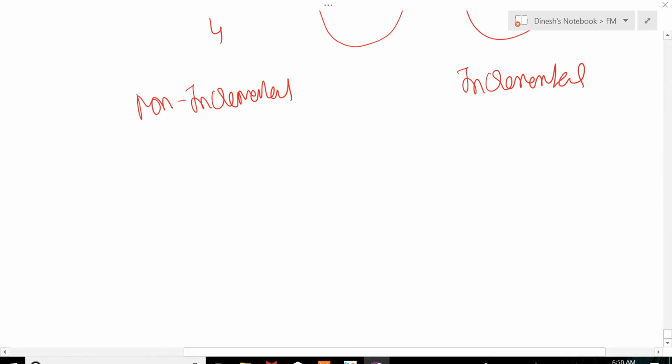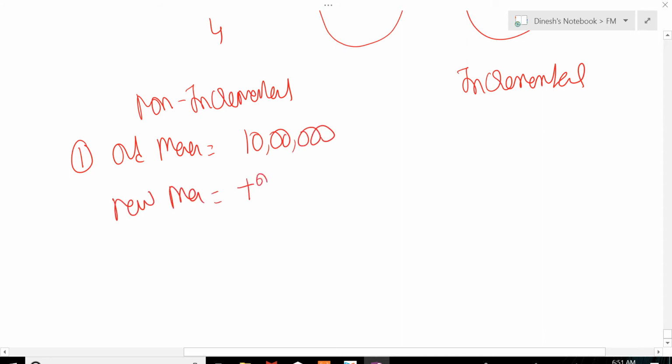In non-incremental, you will calculate one NPV for the old machine and one NPV for the new machine, and then compare them both to decide whether to continue with the old machine or buy a new machine and sell the old machine. So, separate NPV for old machine, separate NPV for new machine with the same set of steps. In non-incremental you can have like this: old machine 10 lakhs, new machine plus 20 lakhs.